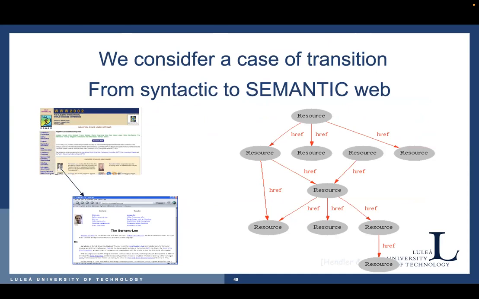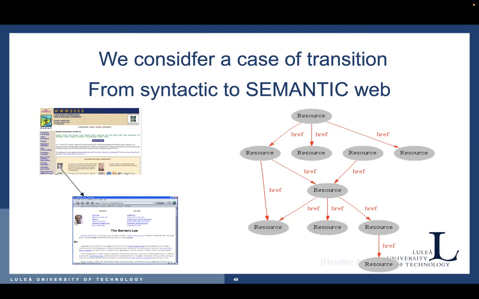We will consider the case of the transition. We will consider the World Wide Web as the subject, or the target system. We could take any other system, but we take the World Wide Web because of the scale.